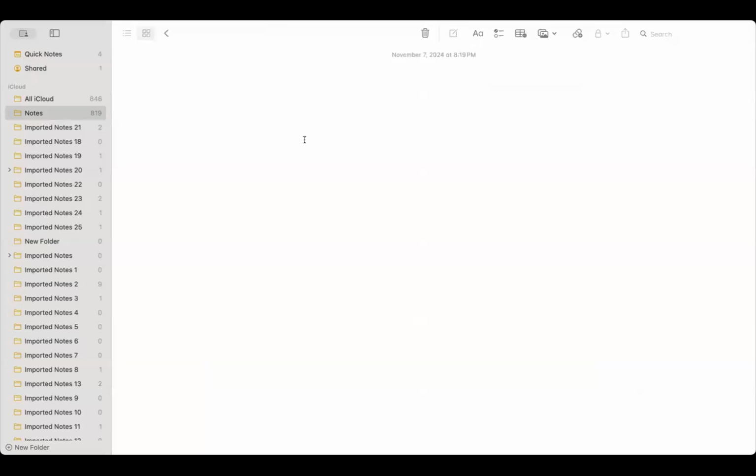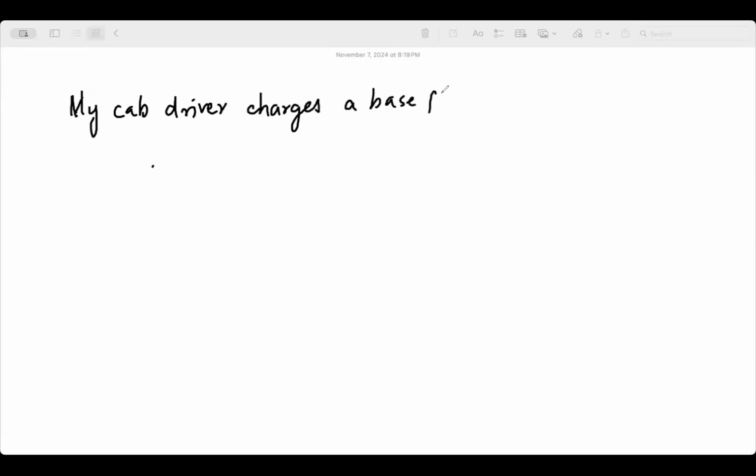Okay, let's see. Are you all able to see my screen? Let me go ahead and show you this one. Suppose I tell you a scenario: my cab driver charges a base fee of $10.